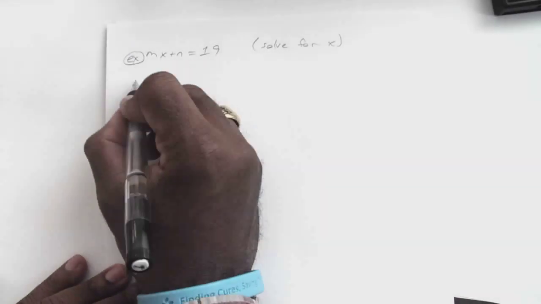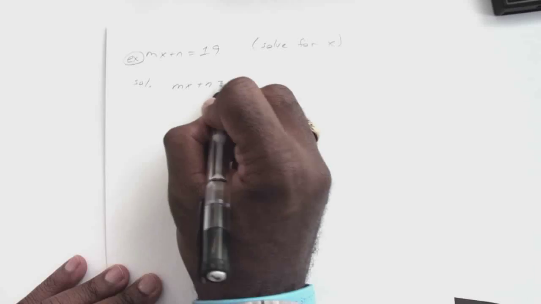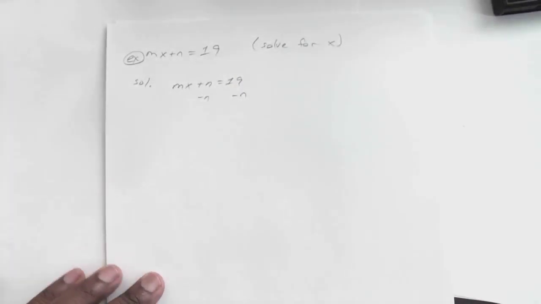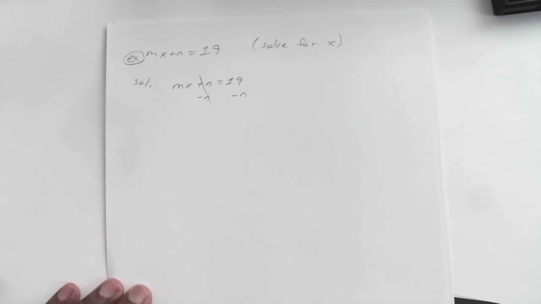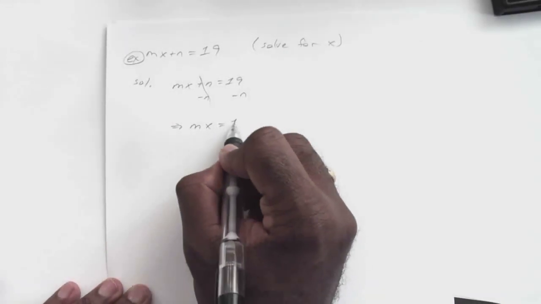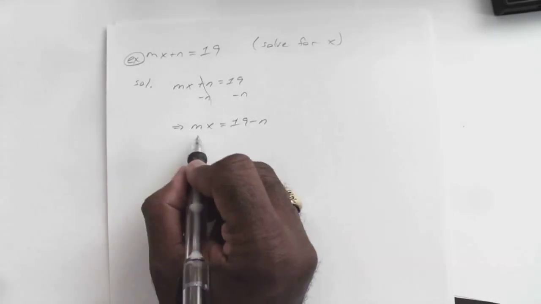Okay, so you can see the rules are the exact same either way. mx plus n equals 19. Subtract n from both sides, where those two will cancel each other out. So you have m times x equals 19 minus n. And then we divide everything by m, just to get x by itself.